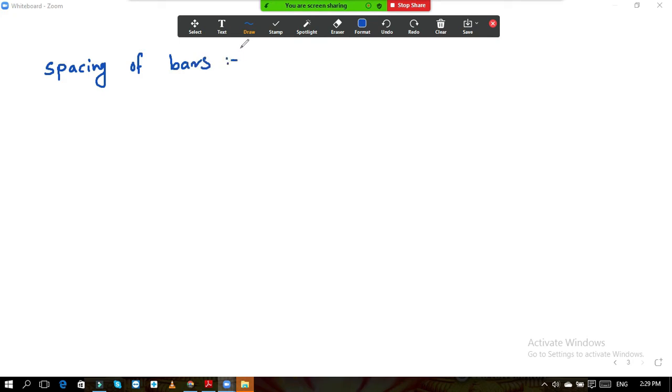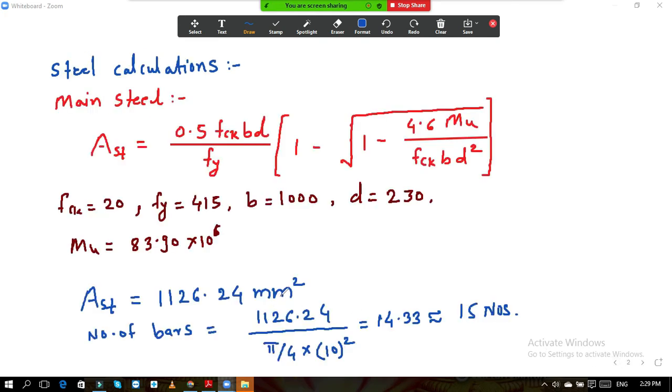So how do we calculate the spacing? There are three criteria for spacing. But before going to the spacing, you can do one modification also, or if you keep it as it is, then also there is no problem.